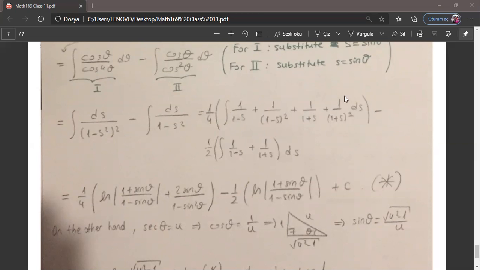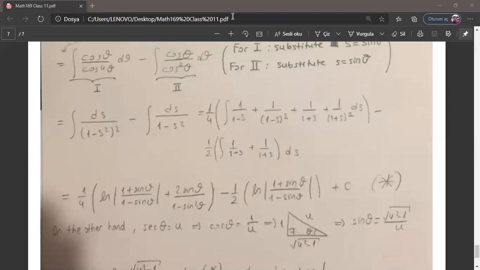Now for this part, we integrate and get this. Remember, s is equal to sine theta. So here we have this minus 1 over 2 ln of this one. You will get ln of 1 minus s, ln of 1 plus s.